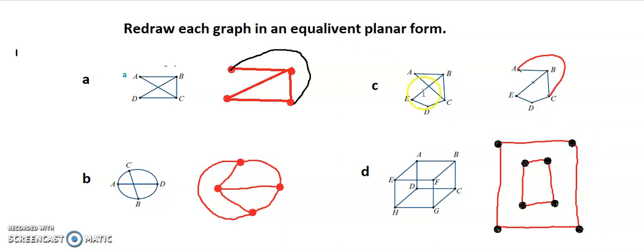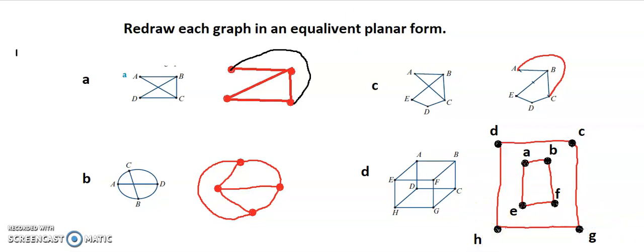Now all I've done, I've still got my prism, but I've literally just put my A here, my B here, so this is my top, my E, and my F. And then my bigger rectangle, I've got the bottom of my shape, my D, my C, my G, and my H.